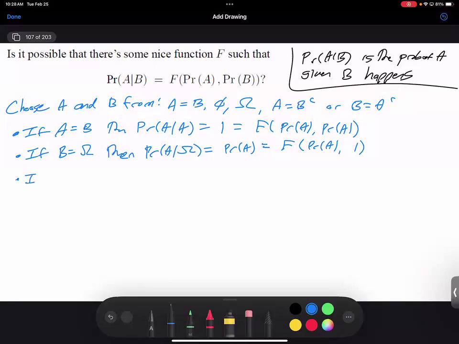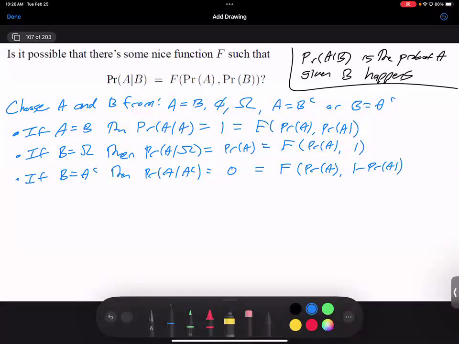What if B equals A complement? Then what's the probability that A happens given that the complement of A happens? It's going to be 0. So then that would be F of probability of A, and what's the probability of A complement? Probability B, but what would that be in terms of probability of A? 1 minus the probability of A. So this gives me some feel for what's going on.